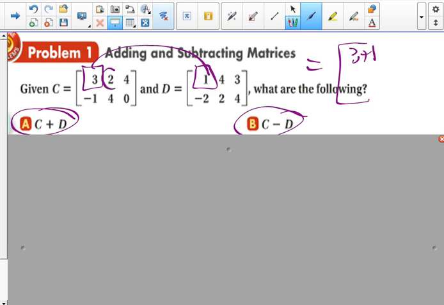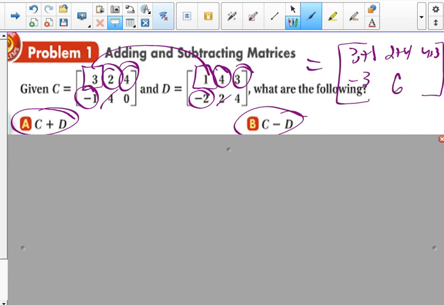Now, then you're going to add 2 plus 4, and then the third one is going to be 4 plus 3, and then on the bottom row, -1 plus -2, I'm going to run out, so I'm just going to add them now. That's going to be a -3. And then a 4 plus a 2, 6. And then 0 plus 4 is 4. So that one would be 7, 6, 4. So the final matrix would be 4, 6, 7, -3, 6, 4.